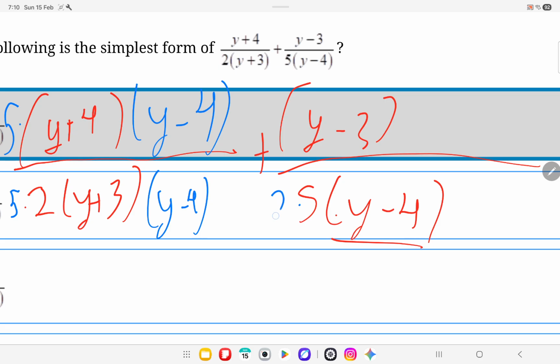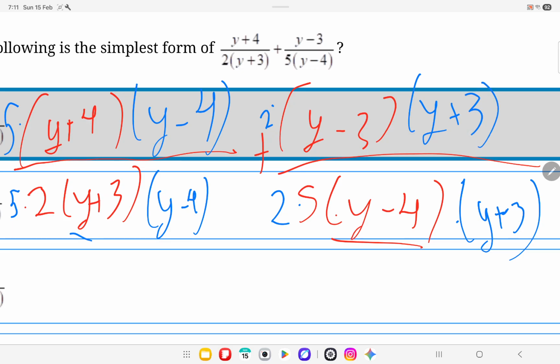How do we make it 10? We do times 2. Here, we're missing a y plus 3. So we write times y plus 3. Once we multiply down, we also have to multiply up. So it'll be 2 times this, and y minus 3 times y plus 3.